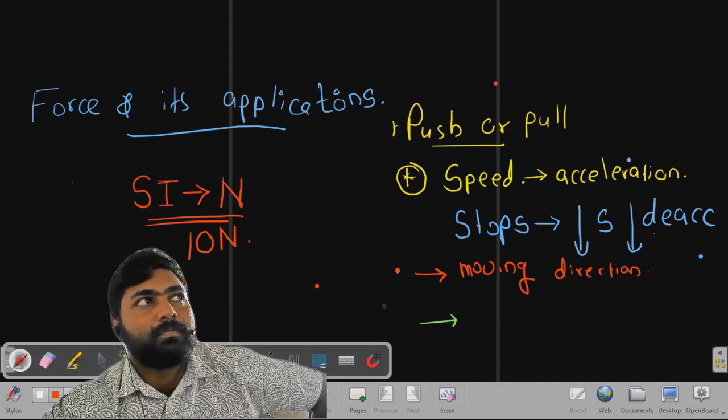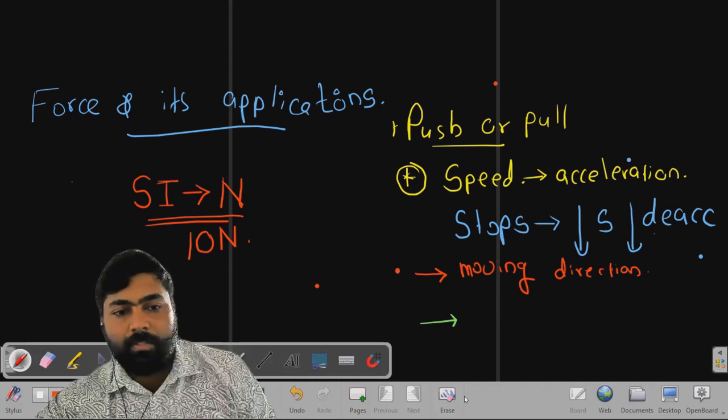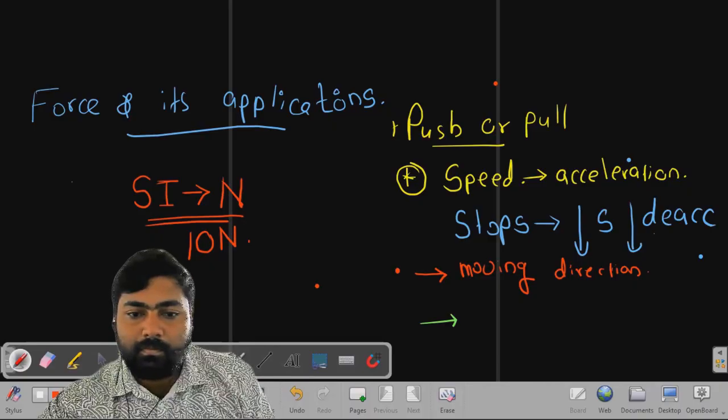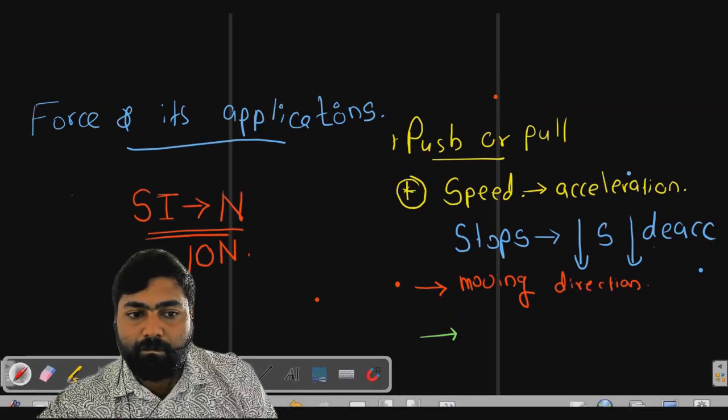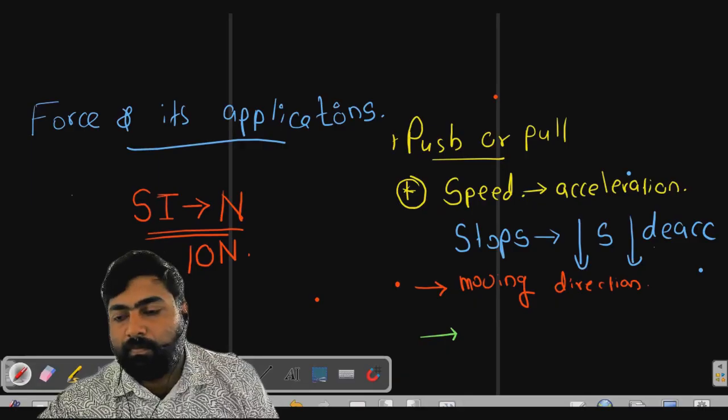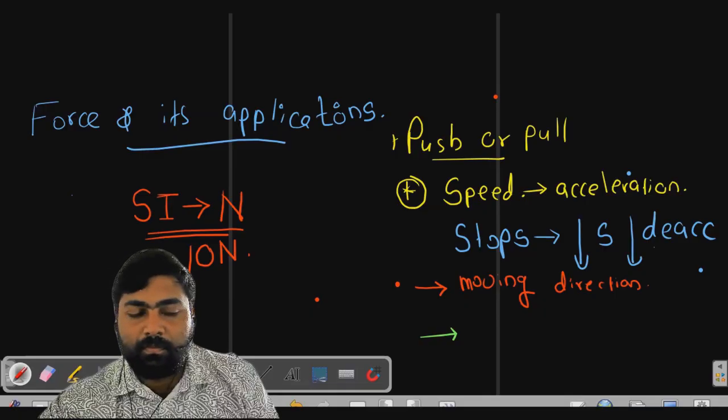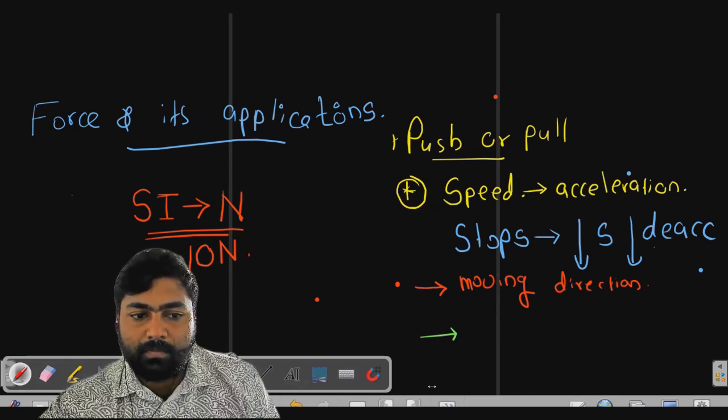Then write the next topic. Effect of applying a force on an object.